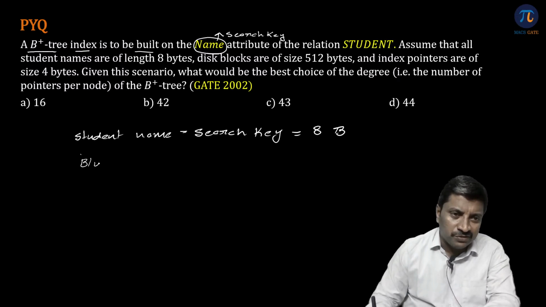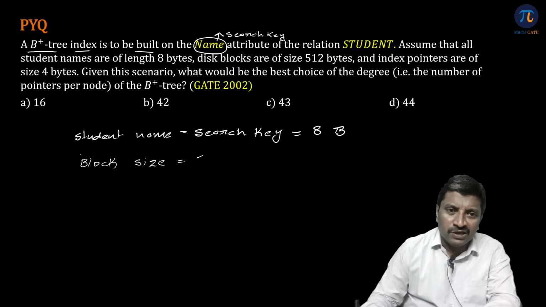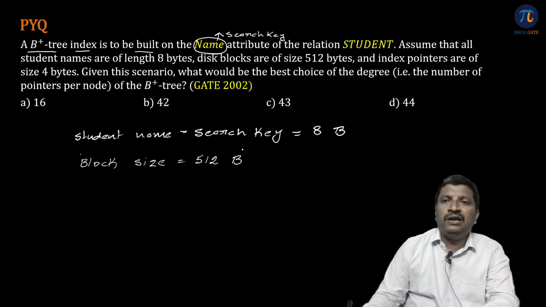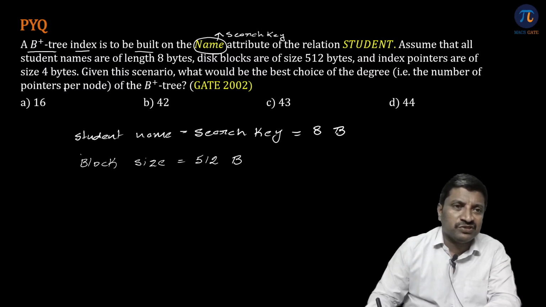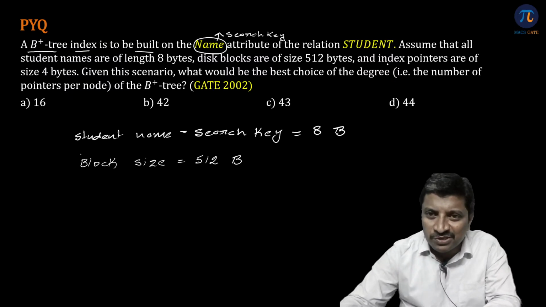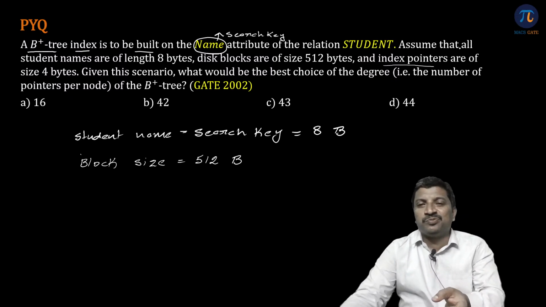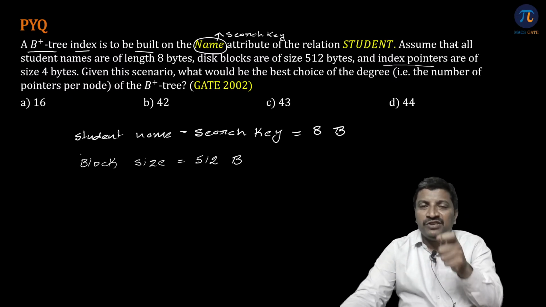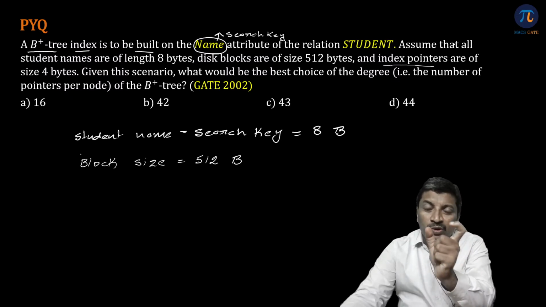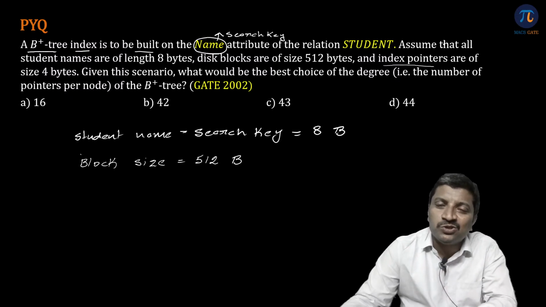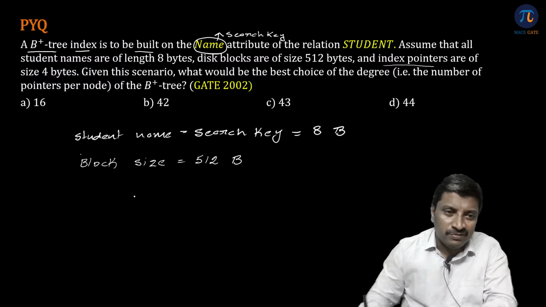Disk blocks are of size 512 bytes. So the block size is 512 bytes. Fine. Index pointers are of size 4 bytes. Sir, please observe, now they used some different terminology. Index pointers means the pointers which we use to point to index nodes. Index nodes means what, sir? Child pointers.